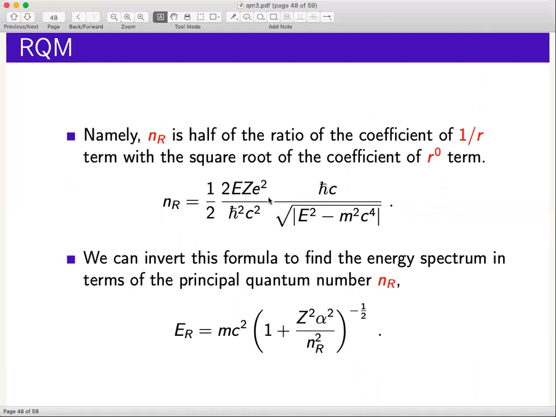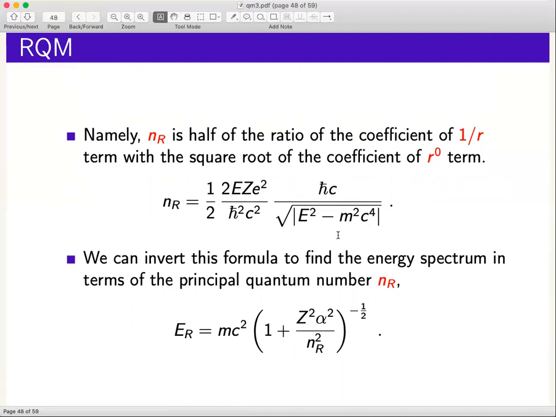This is the principal quantum number. Now you invert this entire expression. When you do, you have to remember that the quantity inside the square root is actually negative. We have written down a modulus here, but the total energy is less than mc squared, because you are looking at a bound state problem.